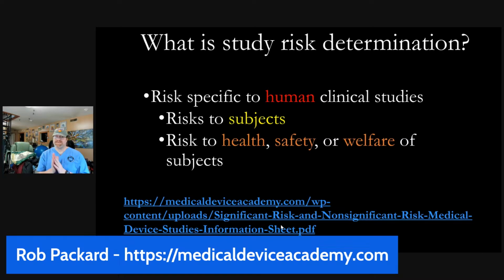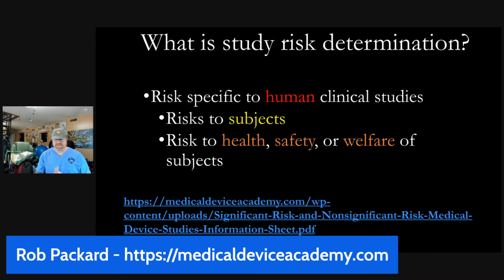So what is a study risk determination? We're not talking about necessarily any risk, so not cybersecurity risks and stuff like that. We're talking specifically about risk in human clinical studies, and risk to subjects, risk to the health, safety, and welfare of those subjects.